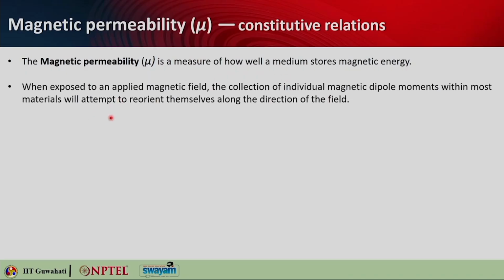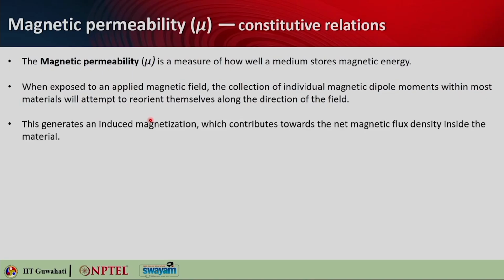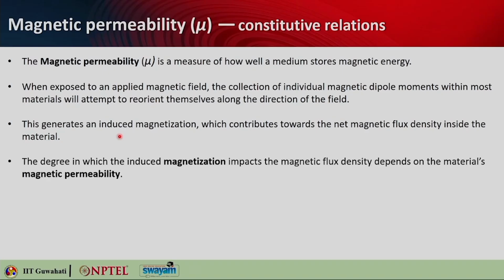When exposed to an applied magnetic field, the individual magnetic dipole moments within most materials will attempt to reorient themselves along the direction of that field. This reorientation will induce magnetization, which contributes towards the net magnetic flux inside the material.